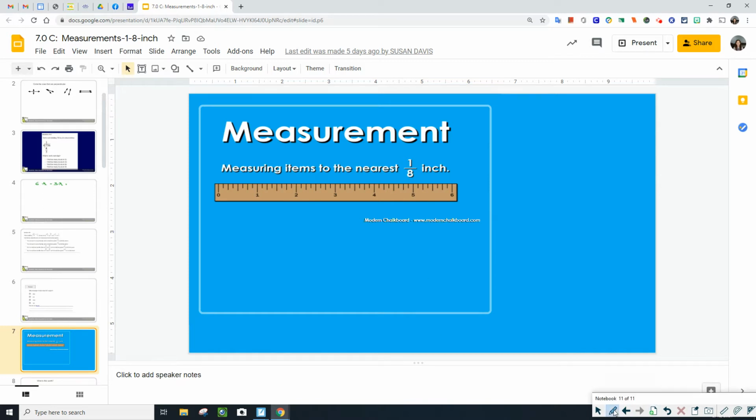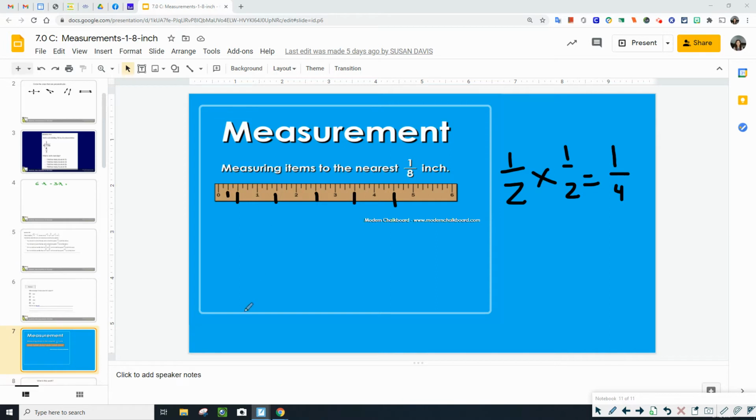Now, the next smallest measurement is your half. That's the bigger line halfway in between each whole number. Well, I can do a half of a half, and that's 1/2 times a half. Half of a half equals 1/4. So 1/4 would be halfway in between my whole number and the halfway mark.